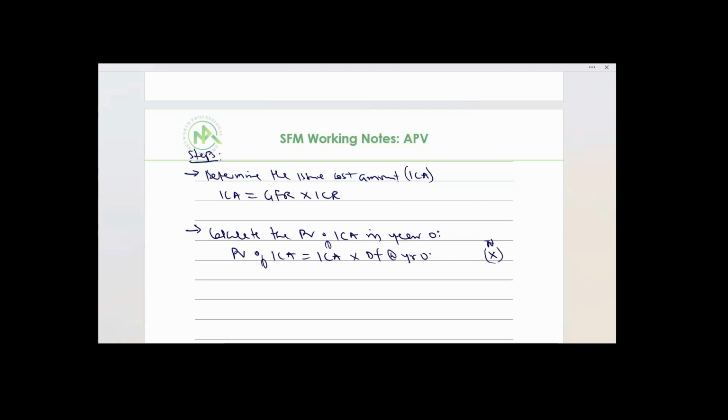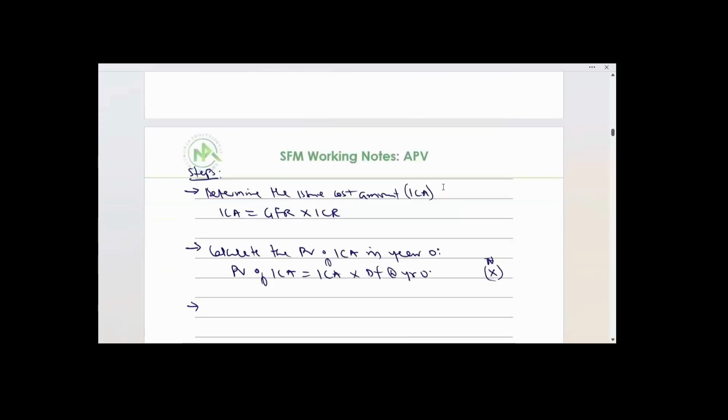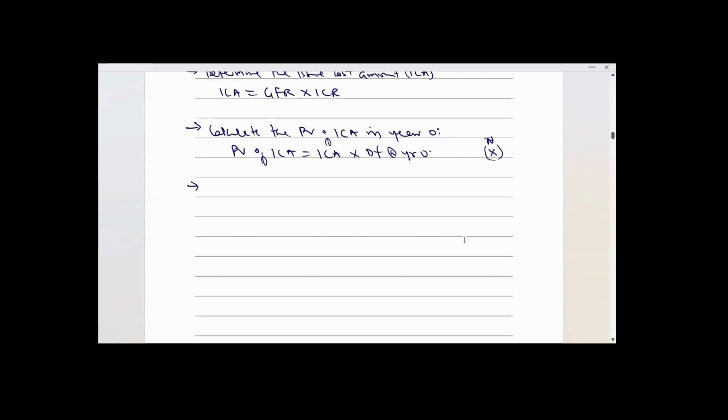Then the second part is for me to calculate, like I mentioned to you, the issue cost of raising debt capital will attract tax relief in year 1. Therefore, I need to calculate the tax saved on issue cost in year 1.